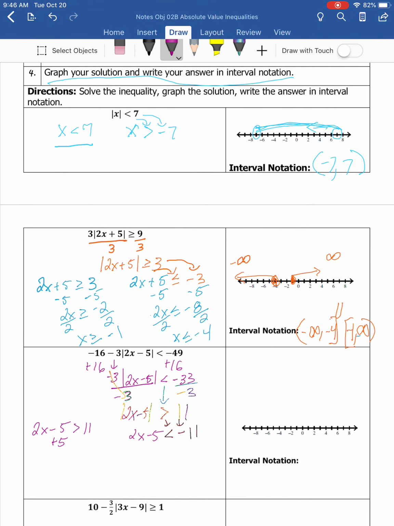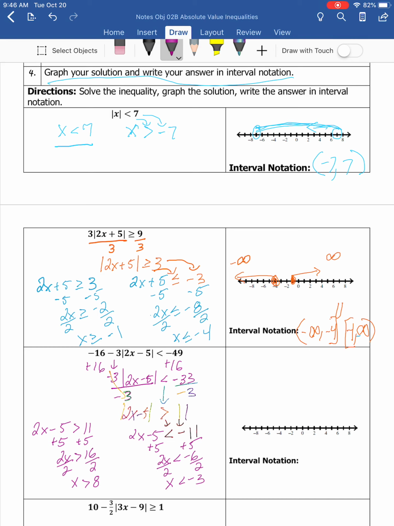So I add 5 to each side. 2x is greater than 16. Divide by 2, divide by 2. X is greater than 8. Plus 5, plus 5. 2x is less than negative 6. I'm dividing by a positive 2, so I don't have to worry about switching it. X is less than negative 3.